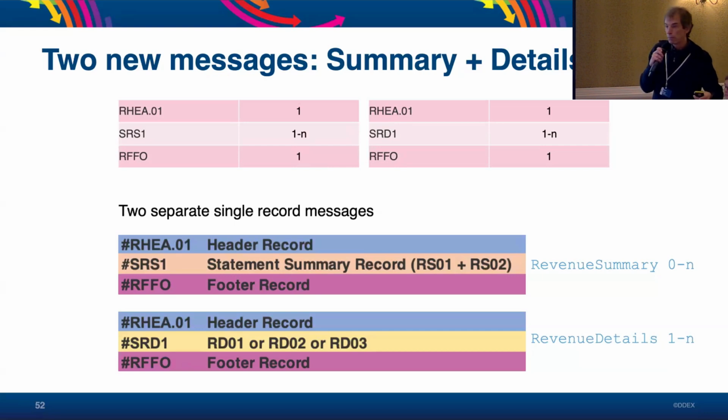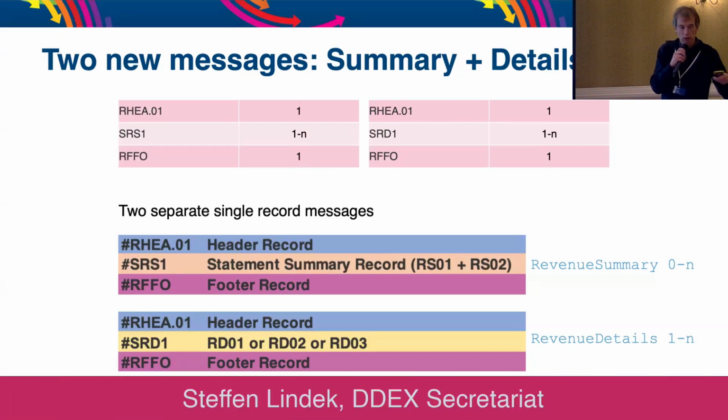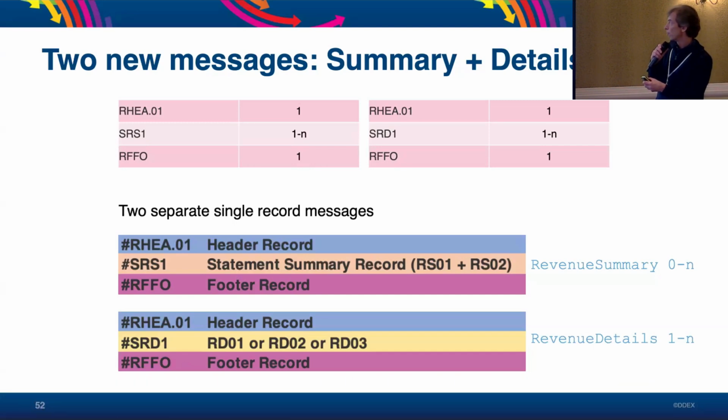Either you complement them by a revenue summary file that summarizes all the details, and you then need, of course, a pointer between the two messages to say that this summary is related to these details, or you send your summary in another structure. You can send an email with an attachment of some format which just summarizes things. But the important part here is the revenue details message, which may be complemented by a revenue summary message.